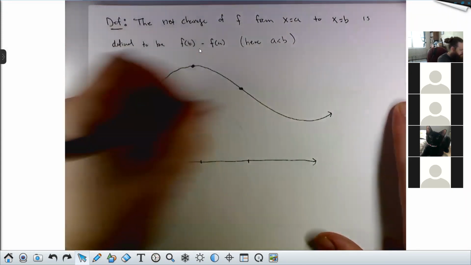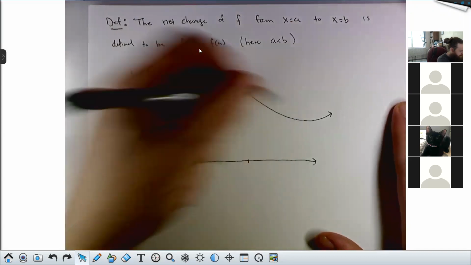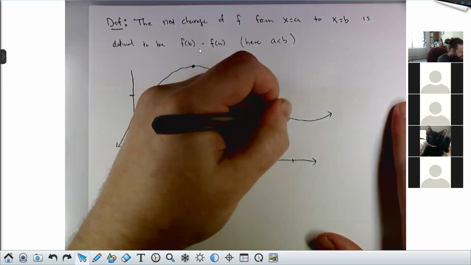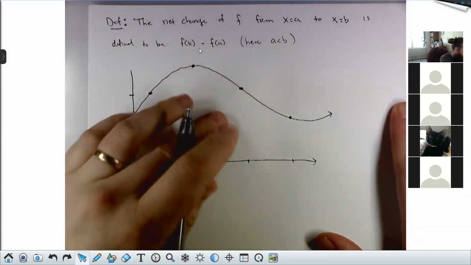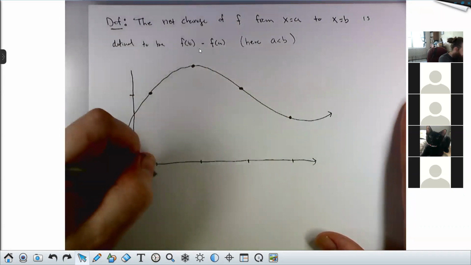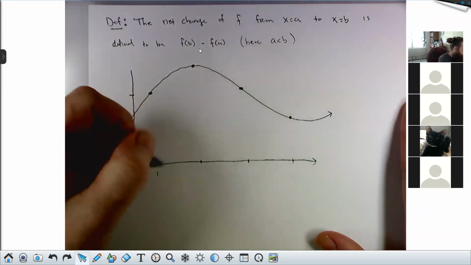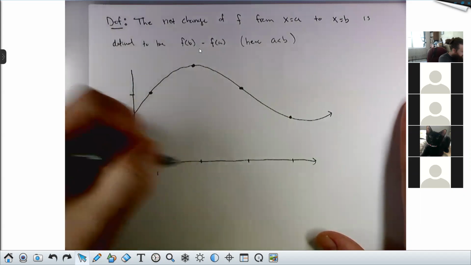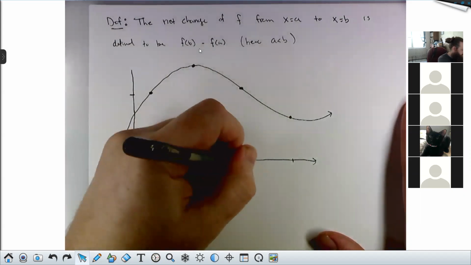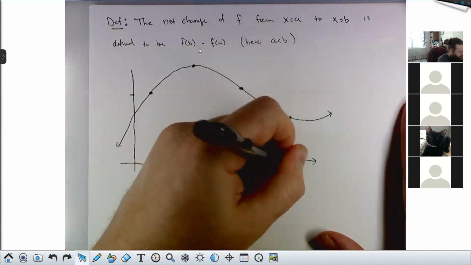So I'm going to plot some points here. We call this 1, 3, 5, 7. Why not?